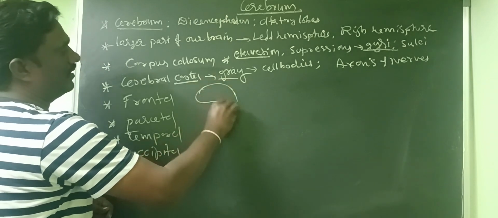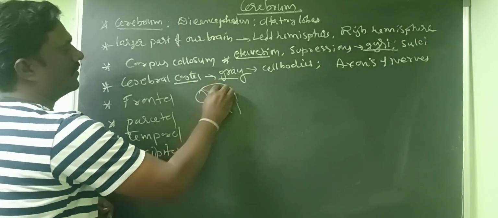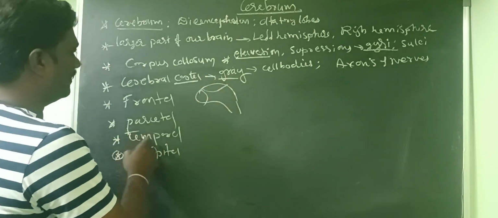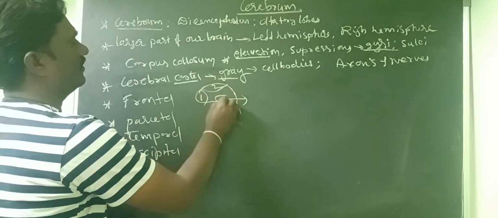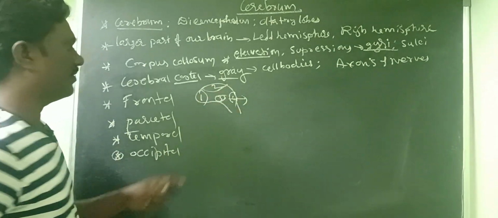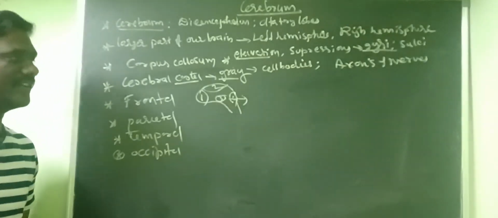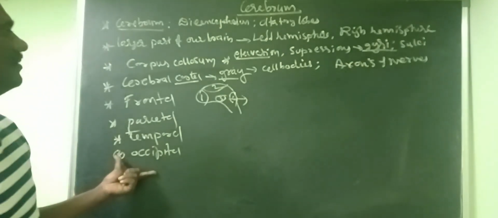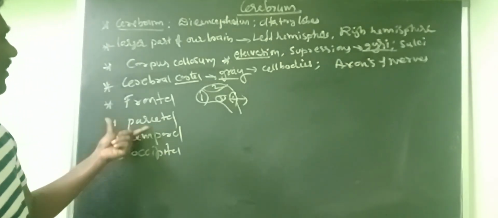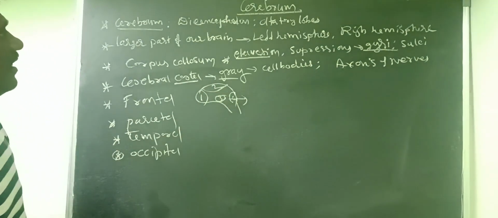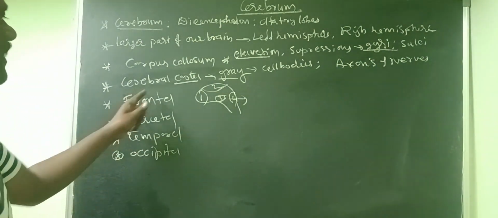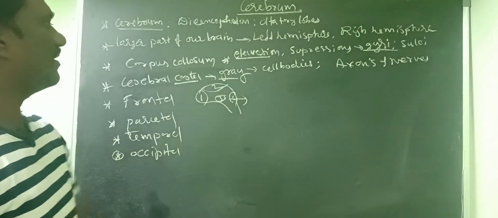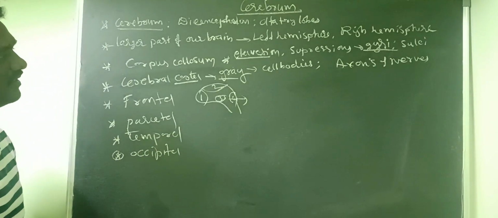These lobes have different functions. So this is about the four parts of the cerebrum: left and right hemispheres, the cortex as gray matter, and white matter with bundles of nerves.